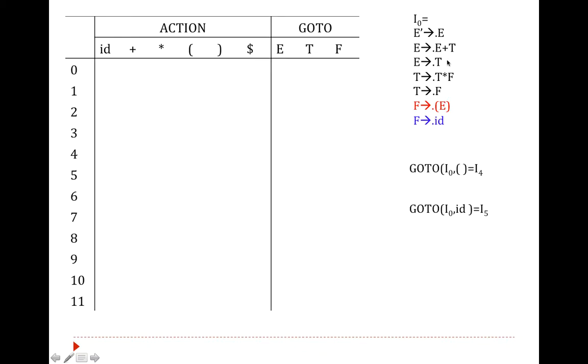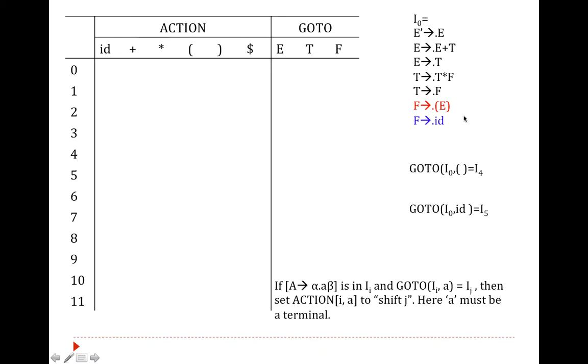Now the first action rule: if A gives alpha dot a beta is in Ii and goto of Ii, a results in Ij, which is taken from the LR0 automata, then the action is set to shift j, where j is the state reached with the terminal a.